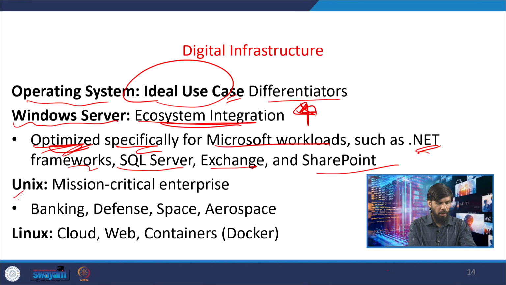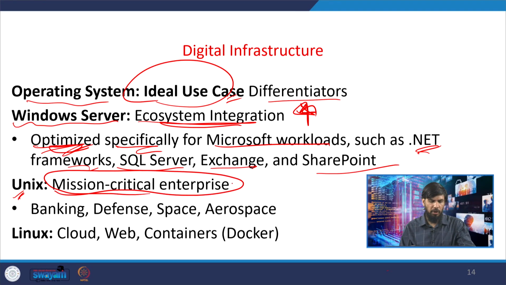In contrast, if you are going for Unix, then essentially if you are a mission critical, life critical enterprise and you are running a business, you are into defense, space, or maybe health, medical, then you can go for Unix, which provides support for mission critical scenarios.